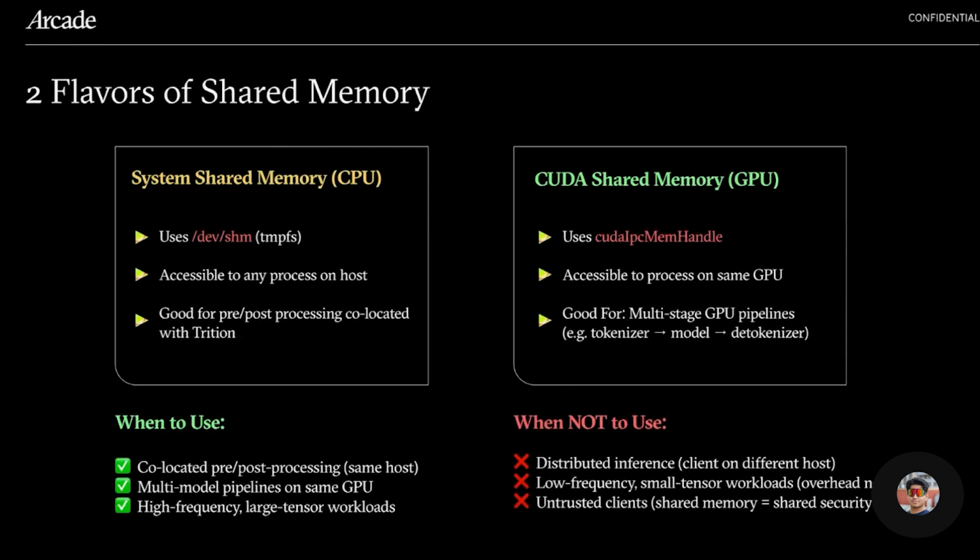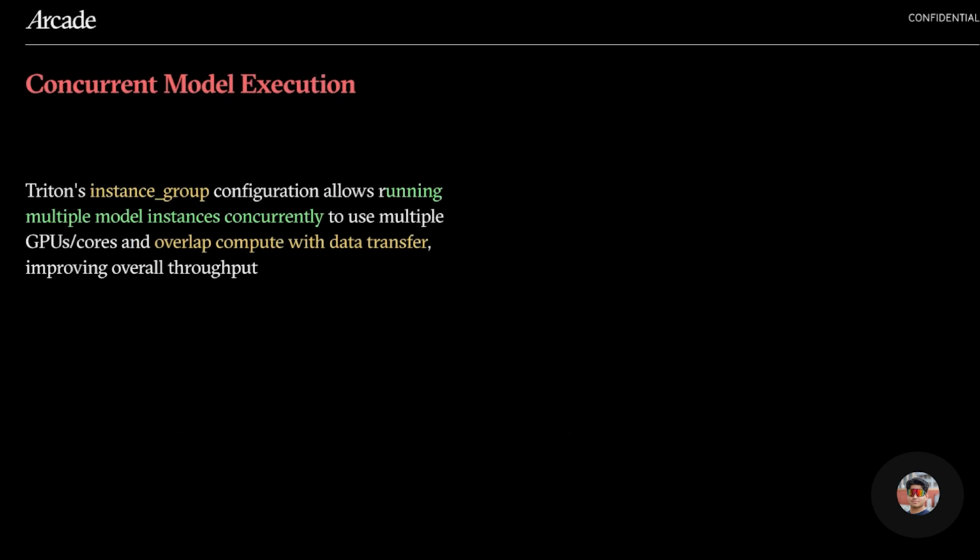Now, I was going to spend some time here going over KV cache as well. But before I do that, I want to talk about concurrent model execution. So with Triton's instance group configuration, it will allow you to run multiple model instances concurrently to use multiple GPUs or cores and overlap compute with data transfer, which improves overall throughput.